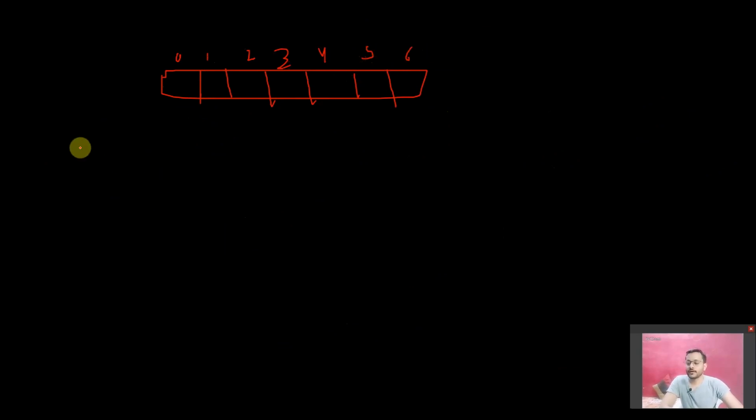If I want the object at index 1, it will take a complexity of order 1 to give me that object.